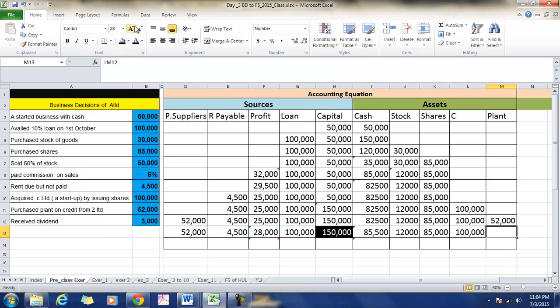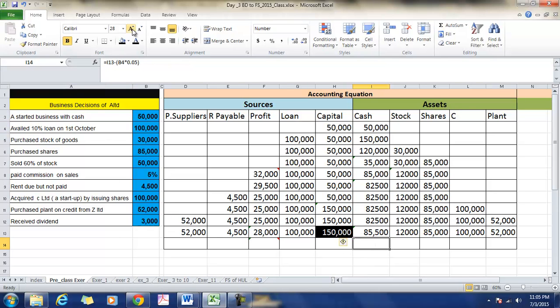So we have done all the transactions, but you observe that there is a commitment to pay interest of 10%. Because of the accrual and matching principle, we have to show this. The rate of interest is 10%, but the loan has been taken on 1st October, and we are assuming that the accounting period is a year, from April to March, so interest is due and payable for 6 months in this case.